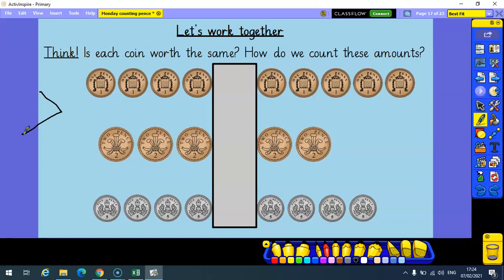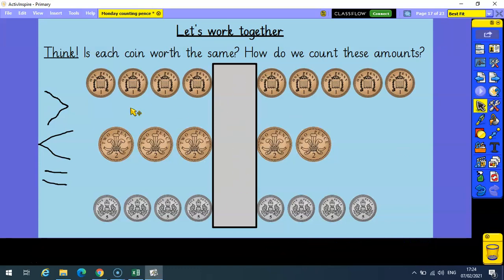So remember, this one means greater than, this one means less than, and this one means equal to. The crocodile always wants to eat the biggest amount, so the open mouth goes towards the biggest amount.